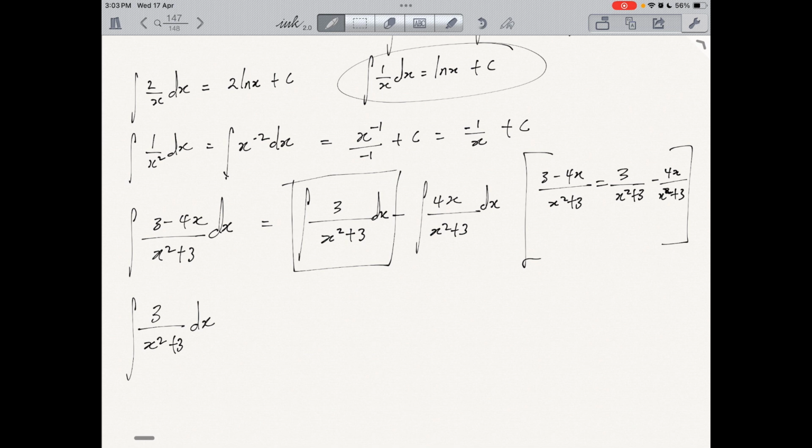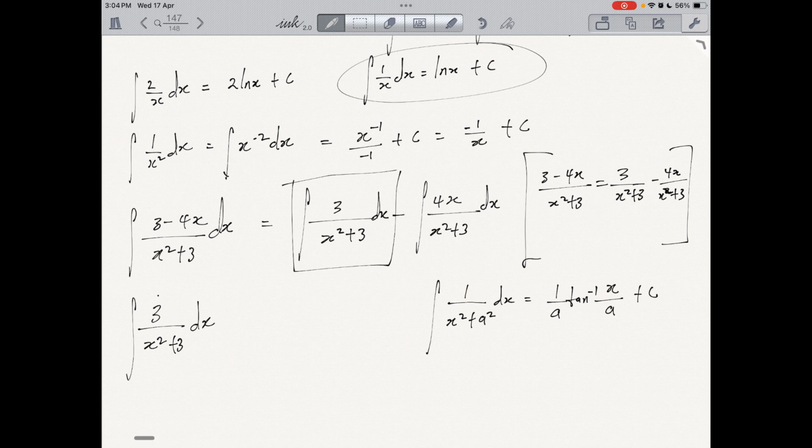We realize that it is applicable when we are integrating the format of integral of 1 over x squared plus a squared, and we are integrating with respect to x, and this will give us 1 over a arctan of x over a plus c.